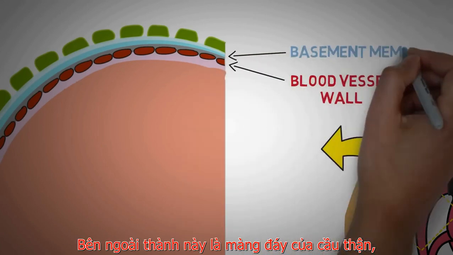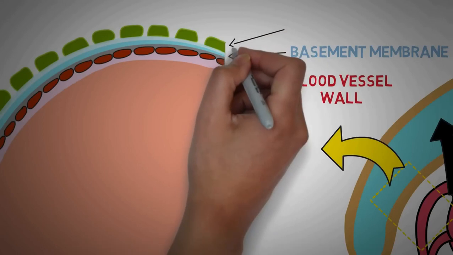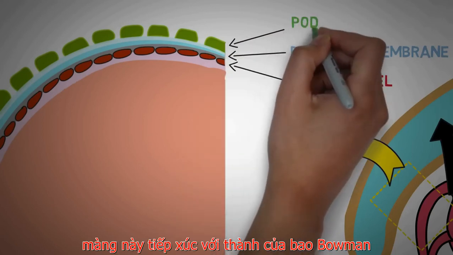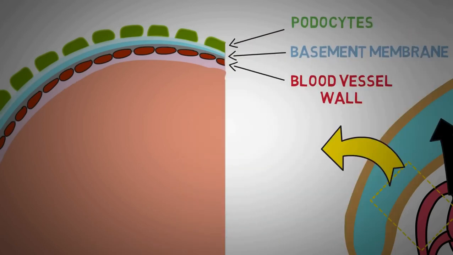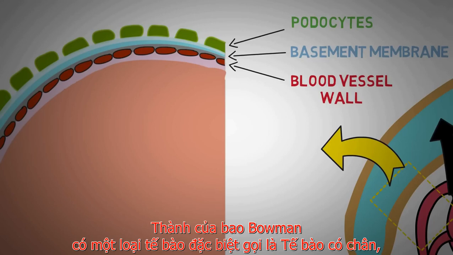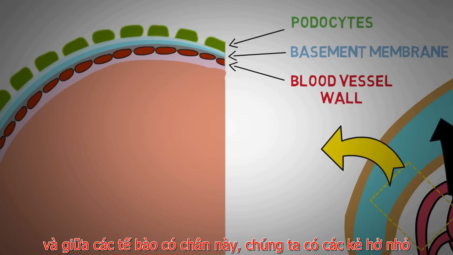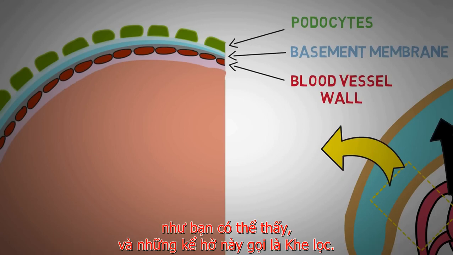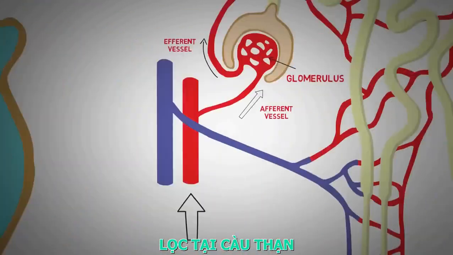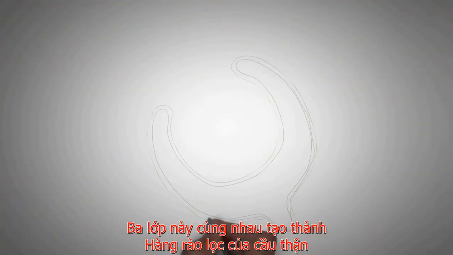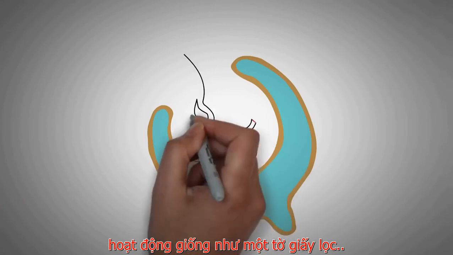Outside this is the basement membrane of the glomerulus, which is in contact with the wall of the Bowman's capsule. The wall of the Bowman's capsule contains special type of cells which are known as podocytes. And between these podocytes we have small gaps, as you can see, and these are known as the filtration slits. Together, these three layers form the glomerular filtration barrier that acts like a filter paper.